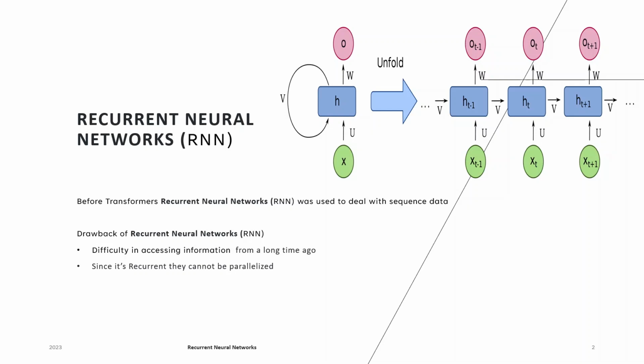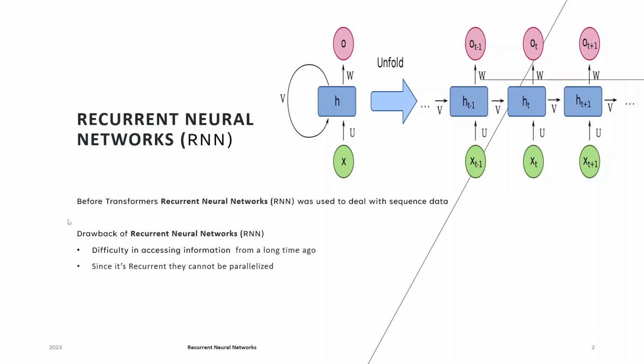To translate a sentence from English to French, an RNN would take an English sentence as input, process each word one by one sequentially, and convert them into French. In language, the order of words matters, and we cannot just shuffle them around. Let's take an example in the next one.